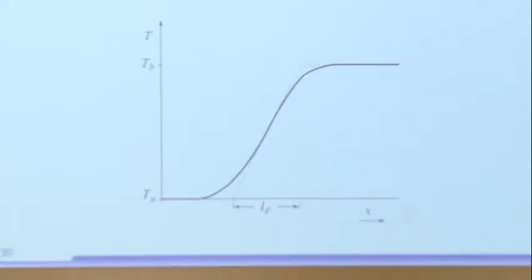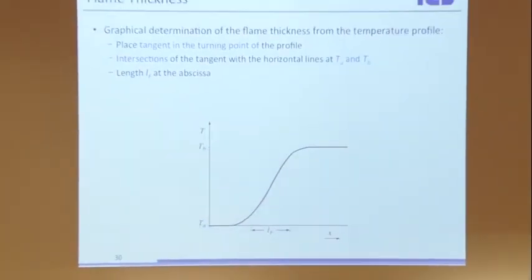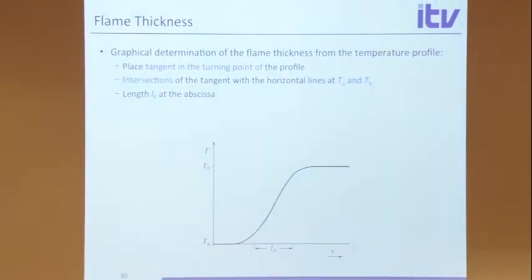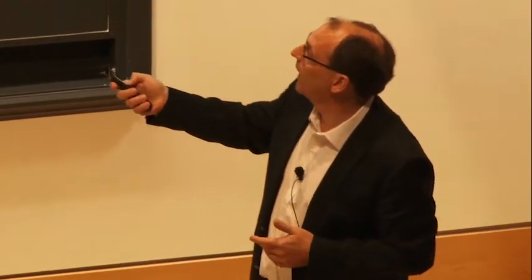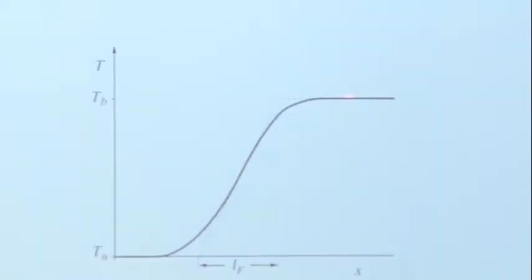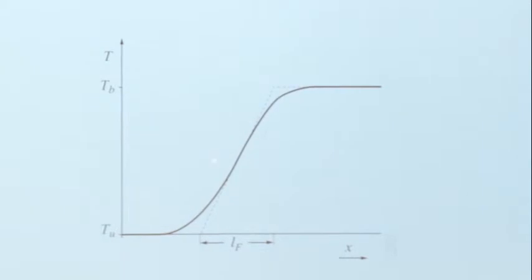Okay, flame thickness. We just defined the flame thickness, but we can also say, how would you define really a flame thickness? We didn't define a flame thickness. We just said, from scaling arguments, this is how a flame thickness could be. We could also define it from an experiment. Let's say you have a temperature measurement in a flame that looks like this, and then here's how you define the flame thickness.